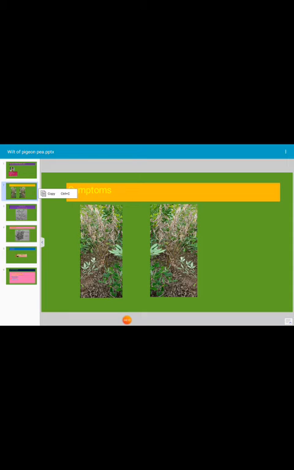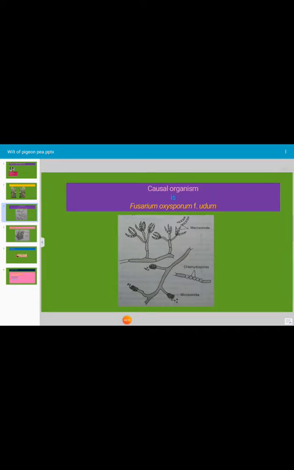Let us see all about the causal organism. The causal or pathogenic organism which causes wilt disease of pigeon pea is Fusarium oxysporum f. sp. udum. This is the name of the pathogen, and this is a fungus that consists of septate hyphae.